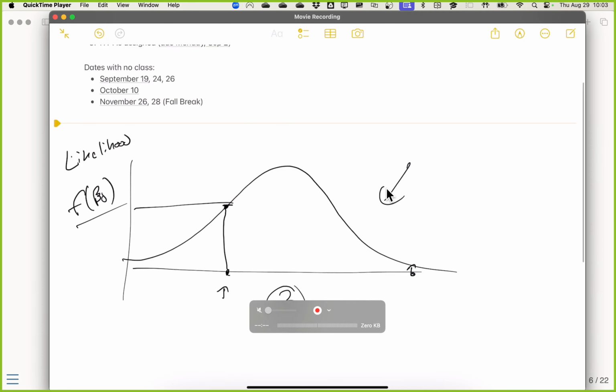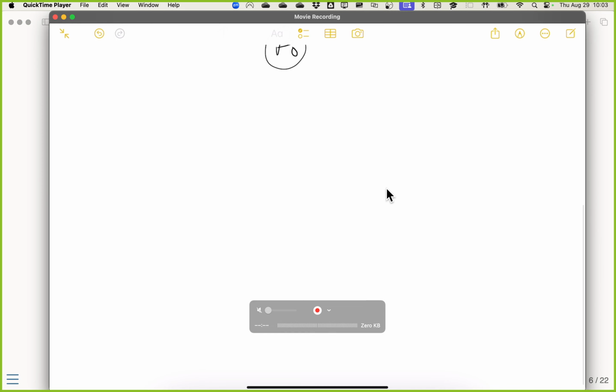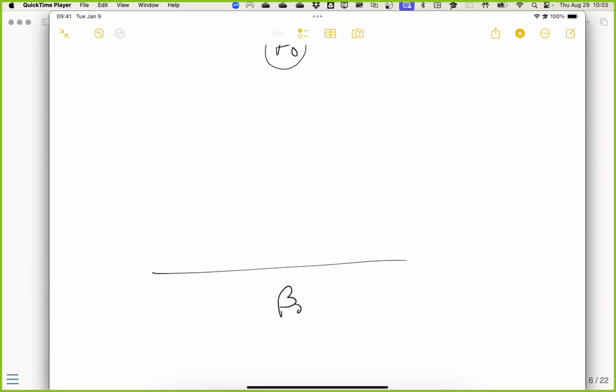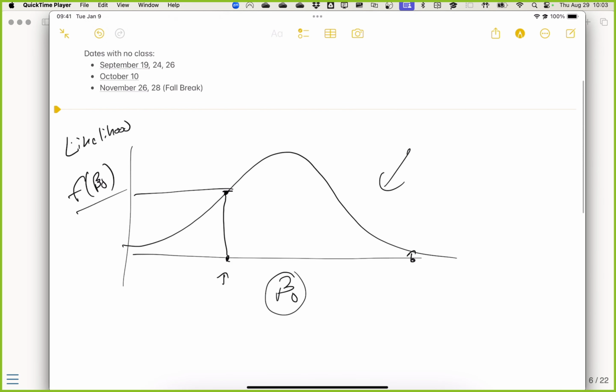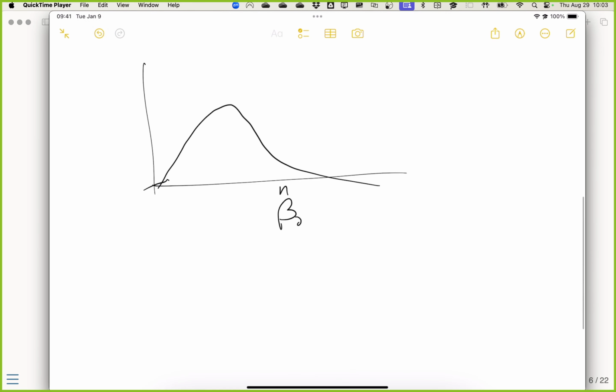Here we go from beta 0, I'll call this beta 0 hat. This thing might look like this right here. Our prior distribution thought it was here. What we end up getting is a posterior distribution. So we are left with a posterior distribution.